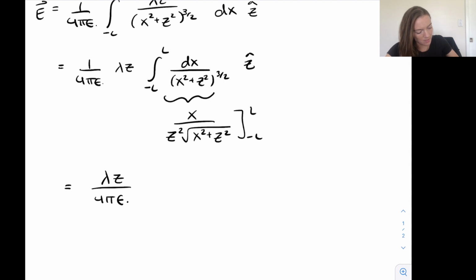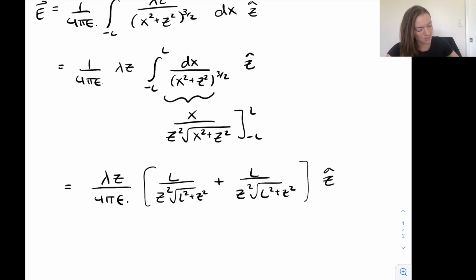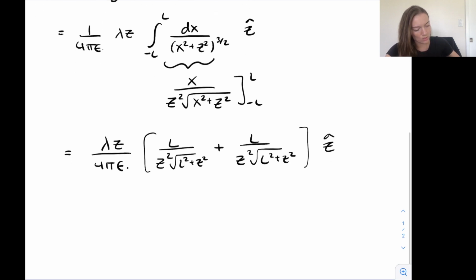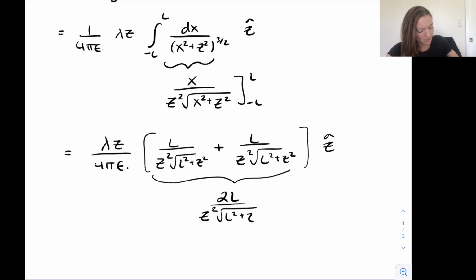This will give us L over z squared times the square root of L squared plus z squared, and then minus a negative L, so we'll have plus L over z squared times the square root of L squared plus z squared. This is all in the z hat direction. And then we can see that these two terms just add up. So this part here will just add up to 2L over z squared times the square root of L squared plus z squared.